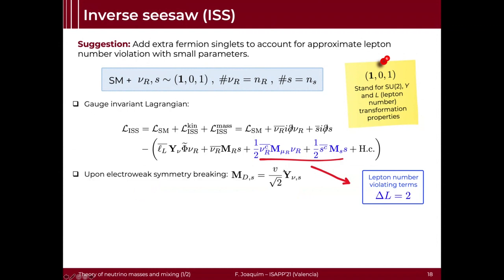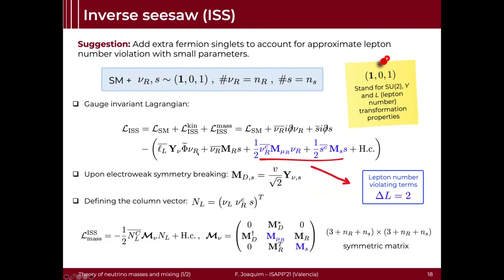Upon electroweak symmetry breaking, I have a Dirac mass term from the old couplings of the standard model leptons with the new R's. I can define again a big mass matrix, which will now be a 3 plus nR plus nS squared symmetric matrix, where nS is the number of these new singlets that I have added.